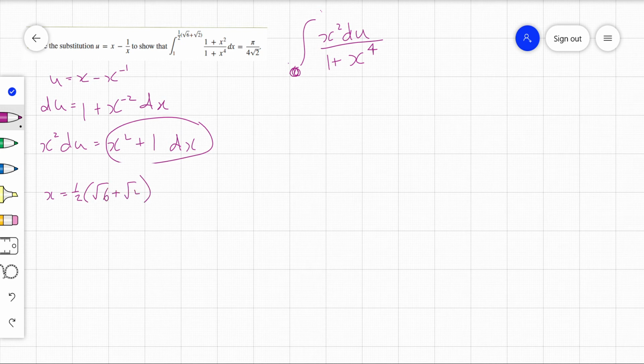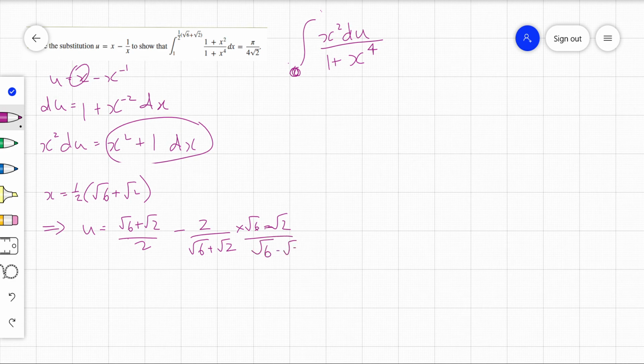Alright, so I'm looking for u equals root 6 plus root 2 on 2, so that's the x, take away 1 on that. So probably what I'll do is I'll just put it upside down. That's the same thing, the reciprocal, and I might rationalize that denominator, so multiplying by root 6 minus root 2.